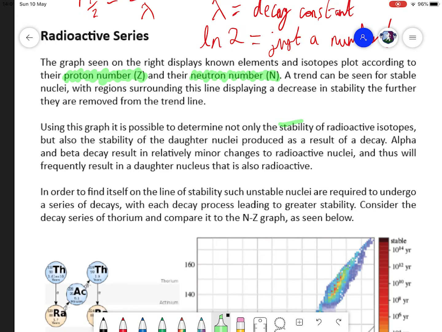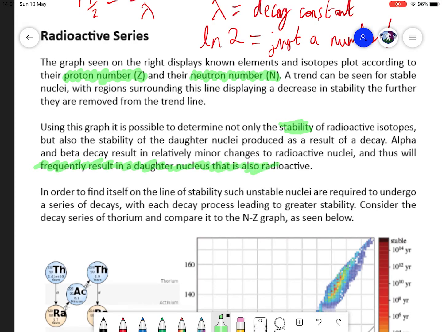So using this graph, we're basically looking at the stability of different isotopes. So it's always comparative, and it shows which one's the most stable and how far they vary with their different isotopes, which is quite useful to use.